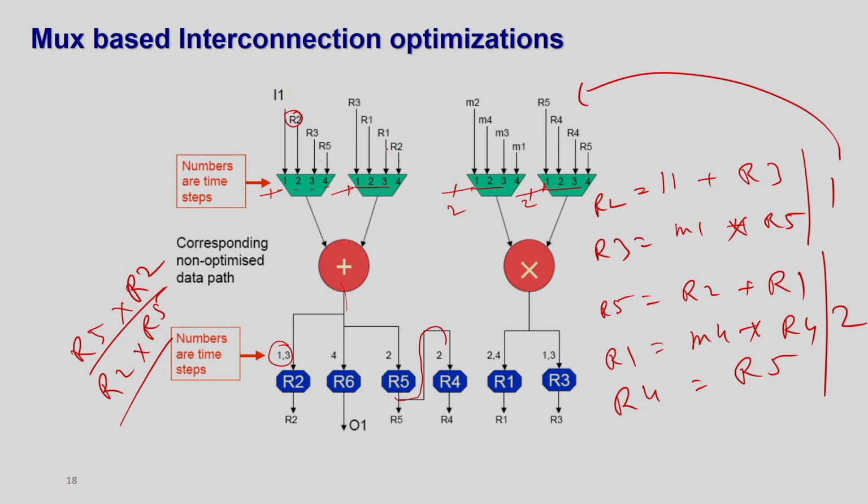So, I can bring this R2 here, I can swap this connection, I can commute it, right, this is basically commutative, and R5 here, both are the same thing, right. So, I can bring R5 here and I can bring R2 here, right, because this is the same operation. In timestamp 4, R5 into R2 is happening, whether it is R5 into R2 or R2 into R5, they are actually the same, right.